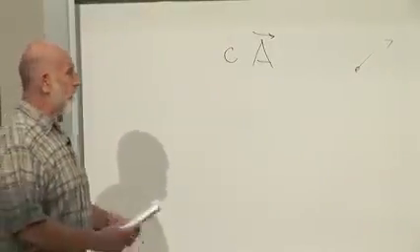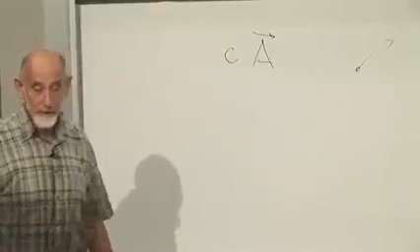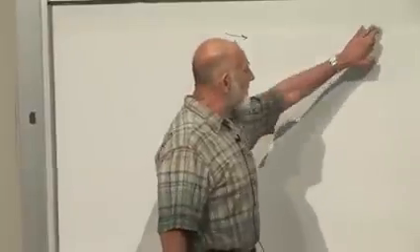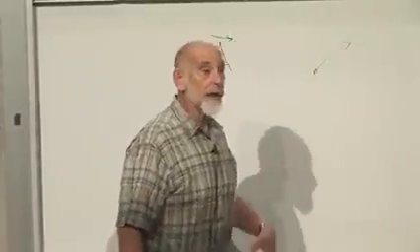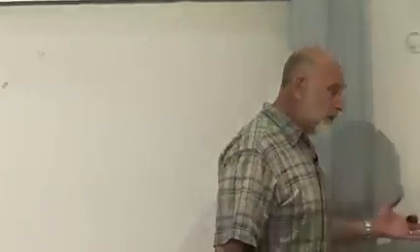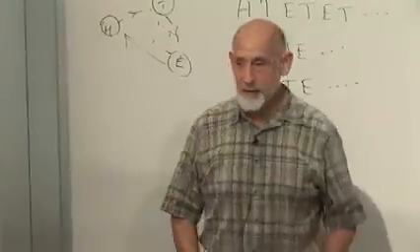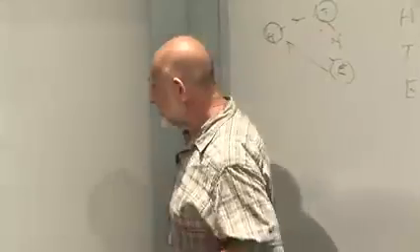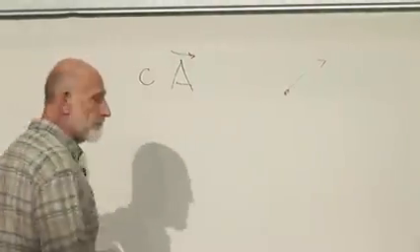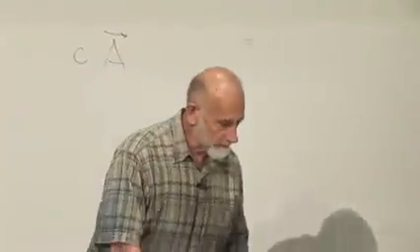What's the definition of that? It depends on whether c is positive or negative. If c is positive, it's a vector along the same direction, except its length is multiplied by c. So twice a vector means a vector of exactly the same direction, but twice as long, and so forth. We can also define the negative of a vector.